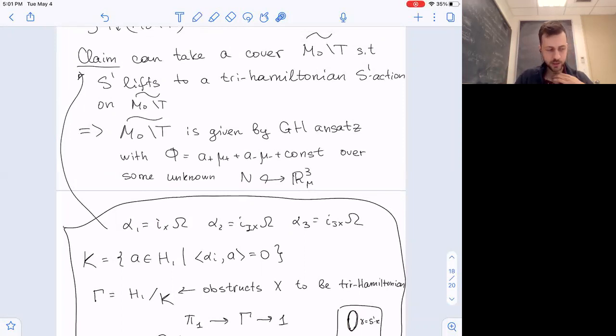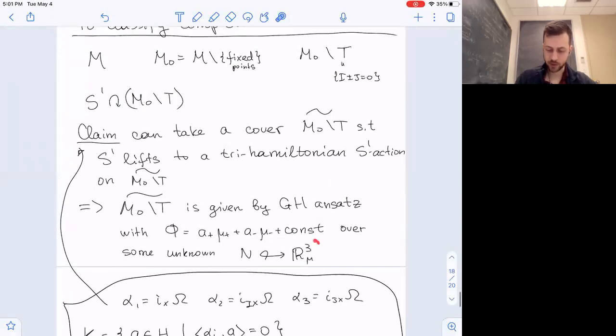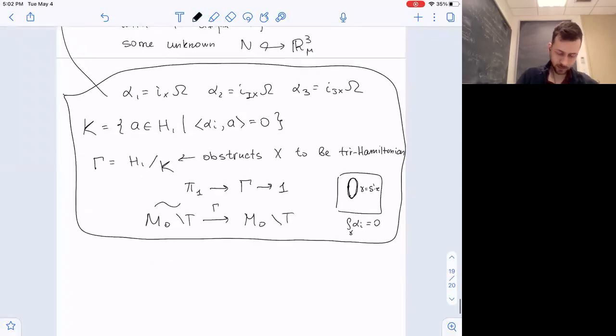So let's discuss the big parts of what we need to do to travel this path backwards, to actually recover M from this Gibbons-Hocking ansatz, which has many unknowns. So let's list what we need to understand.